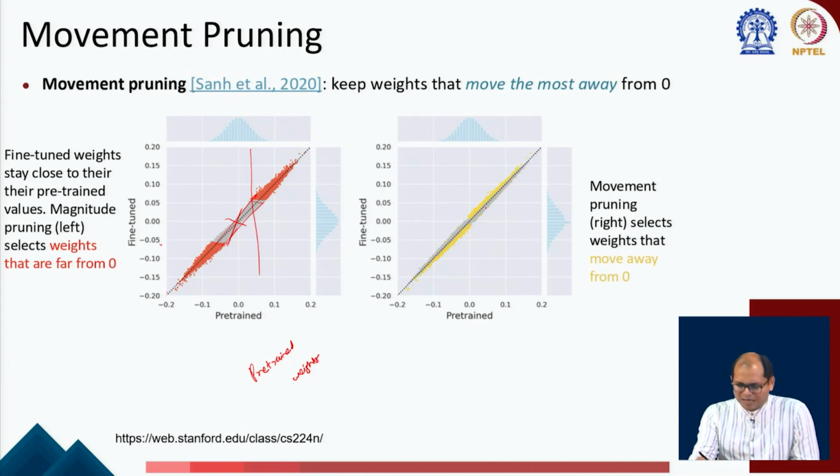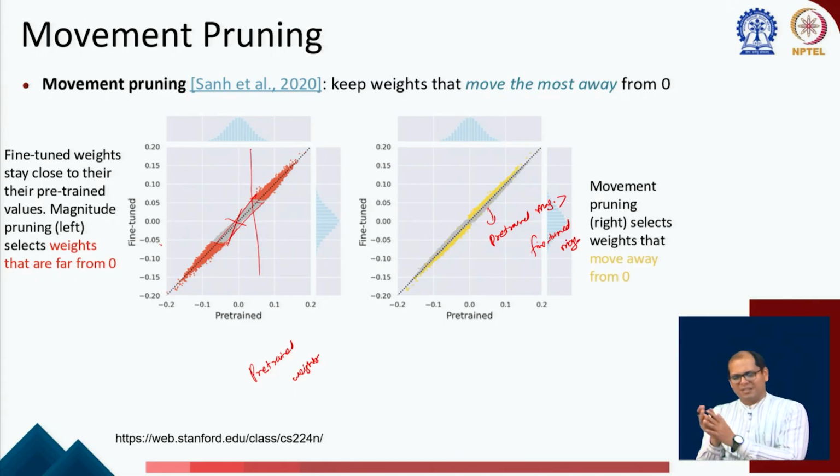So the gray ones are those for which the pre-trained magnitude was higher than the fine-tuned magnitude. That means the importance of this weight has gone down after fine-tuning for this task. So the idea is that this parameter may not be so important.